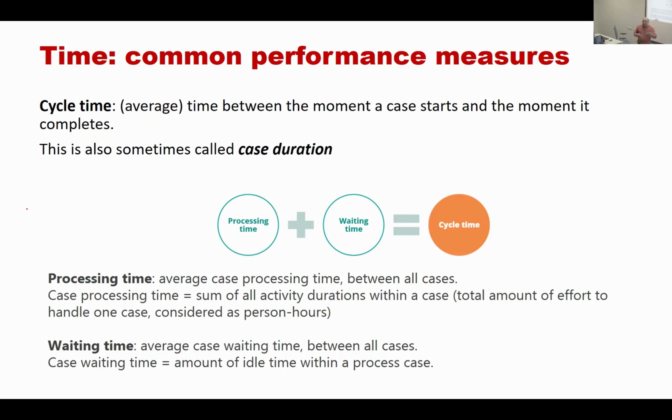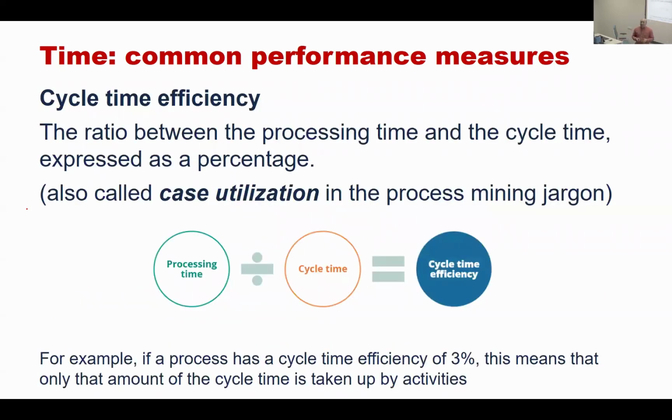The first one, the time that we spend working, actively putting time into the process, is called processing time. And the time that we wait is called waiting time. And in theory, waiting time plus processing time is equal to the cycle time.